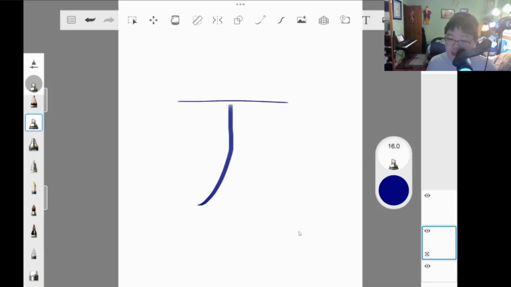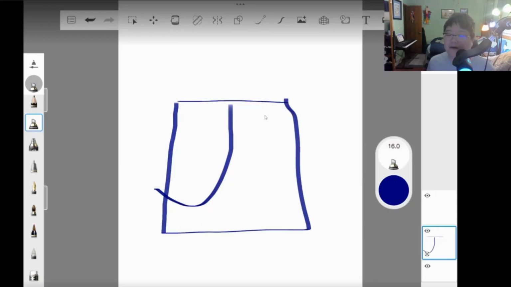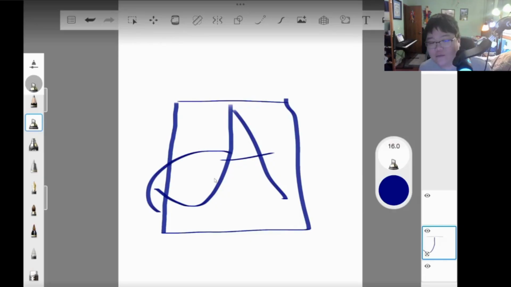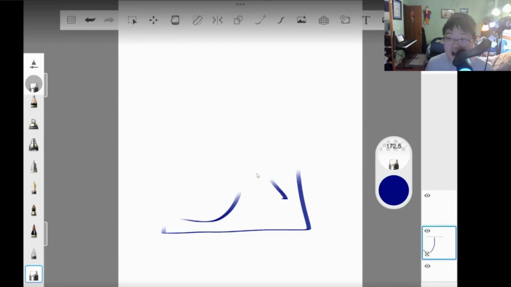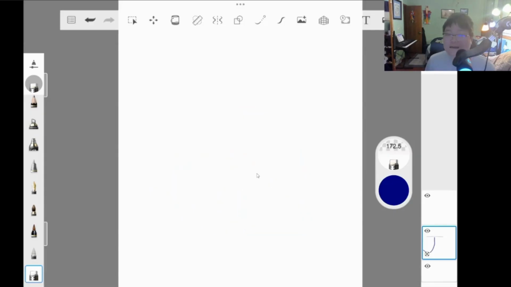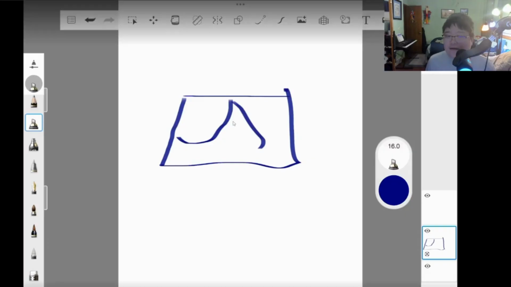Next is J, and I feel like this tail is going to intrude a lot. You can try to make it another box, but again, you have this weird thing here. It's just not all that. That is pretty ugly. It has a loopy leg and another leg.